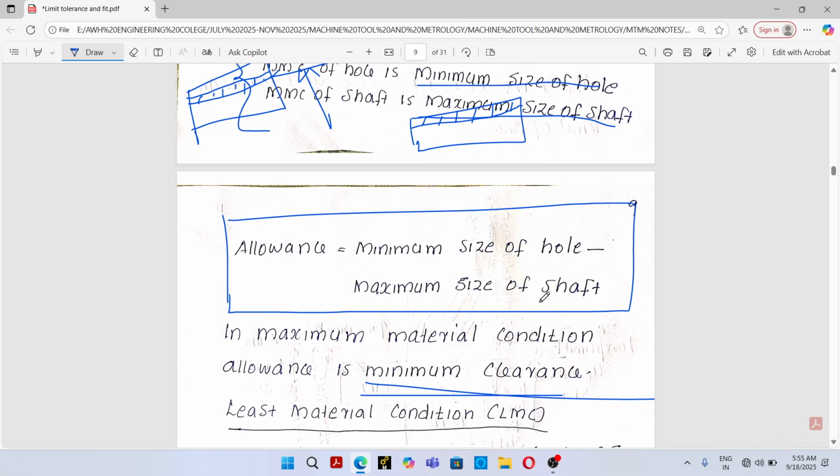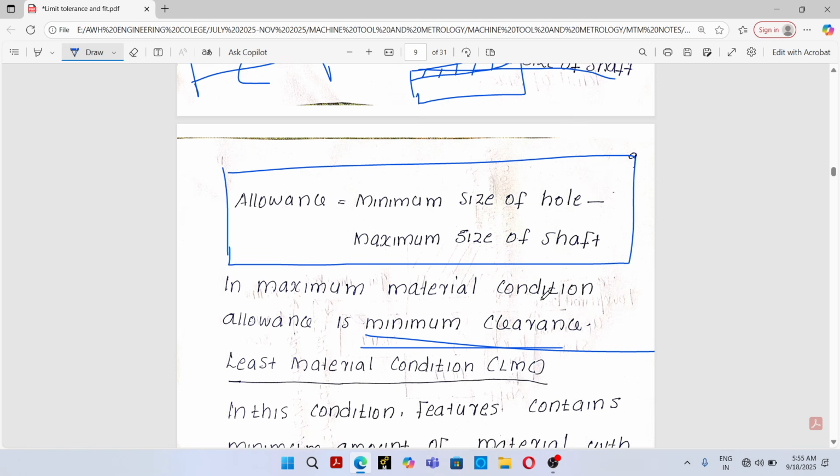The least material condition, in this condition the feature contains minimum amount of material. So least material condition feature minimum amount of material within the stated limit of size.